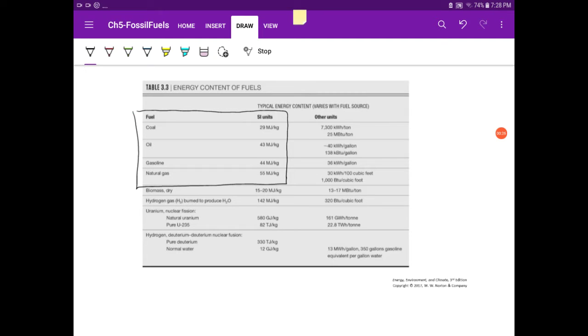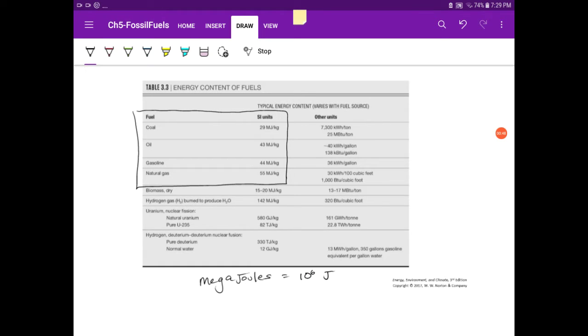So these fuels that have to do with the fossil fuels, coal, oil, gasoline, natural gas, we have energies here, and they're in megajoules per kilogram. That's megajoules, which is 10 to the 6, or 1 million joules.